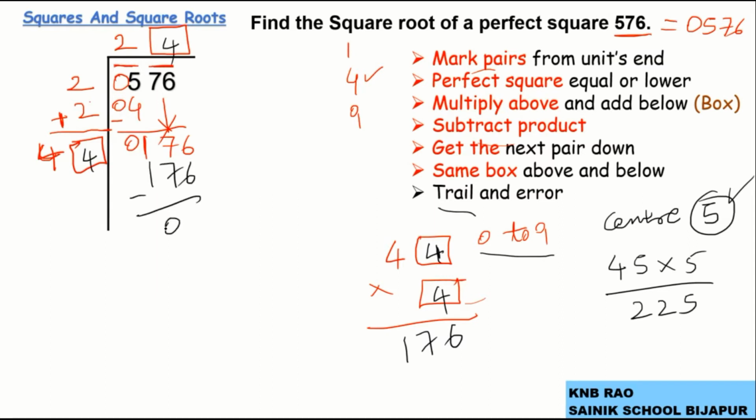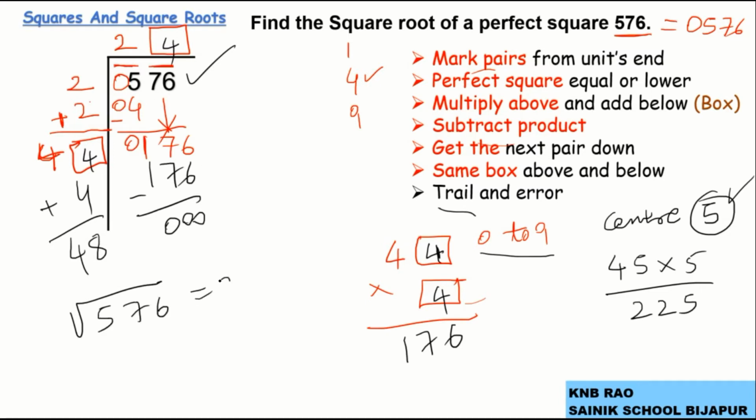We find we got the remainder 0, and therefore the given number is a perfect square, and I have the square root of 576 being the quotient 24, which I can cross check when I add 4 to this 44, adding the same digit to the box gives 48, which is double of square root 24.